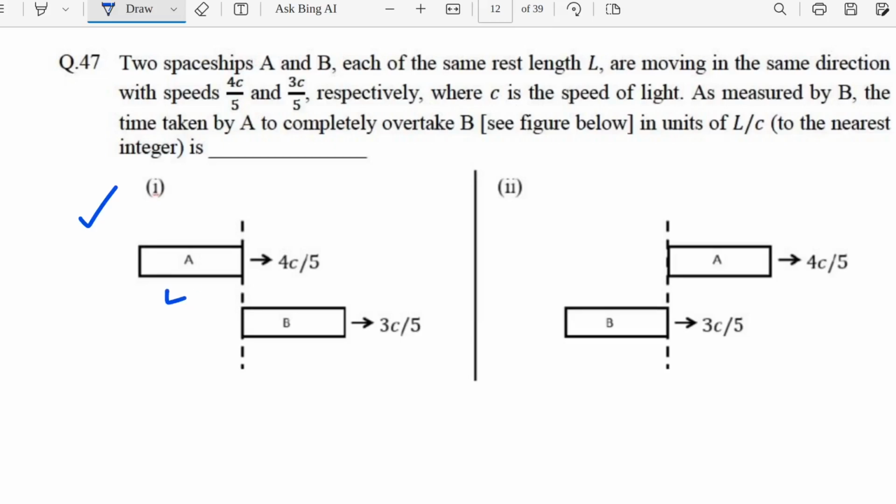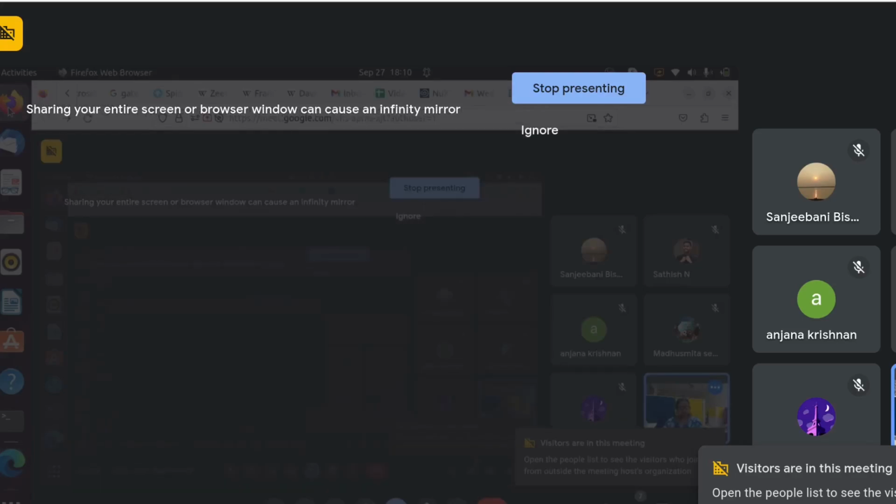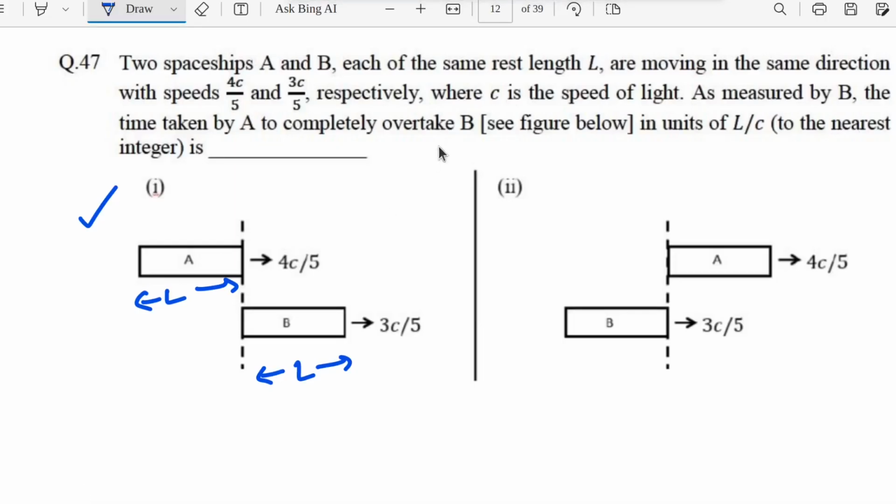And each spaceship has a length L. A has length L and B has length L. A is moving with 4c/5 velocity, B is moving with 3c/5 velocity. Obviously, A will move faster than B, right? Because this is 3c/5 and this is 4c/5.